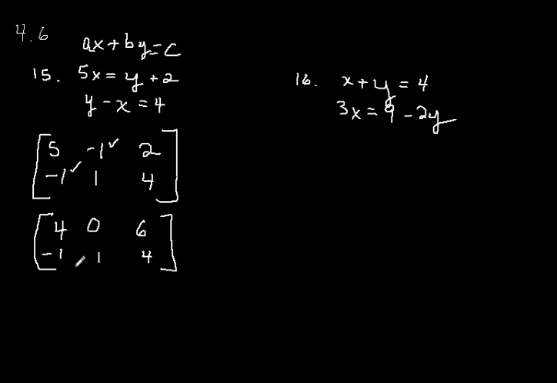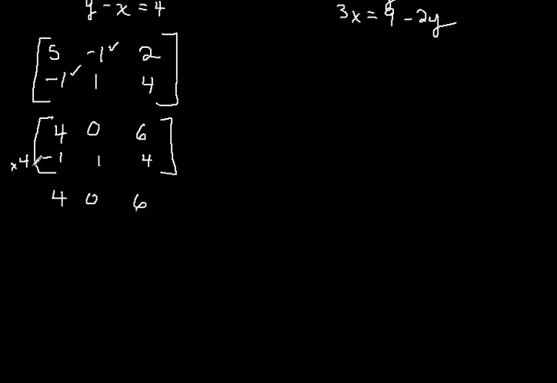Okay, now I want to make this one a 0. And the way I'm going to do that is I'm going to multiply this row by 4 and add it to this row, and I'll put my answer down here. So we don't want to change the top row yet. You can do it in 2 steps or 1, and I think that's what makes it confusing on the video.